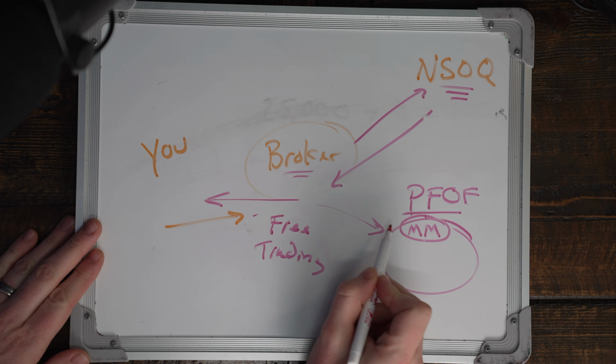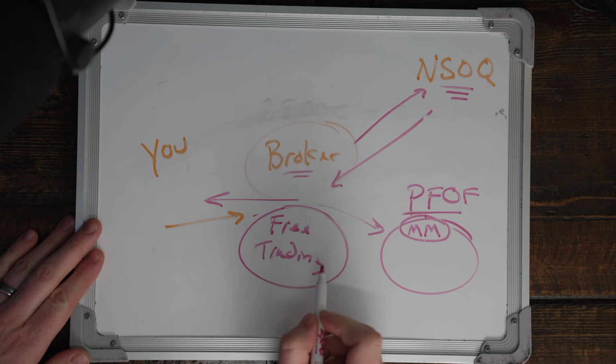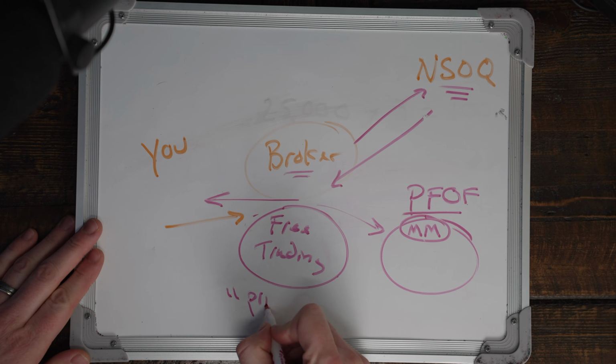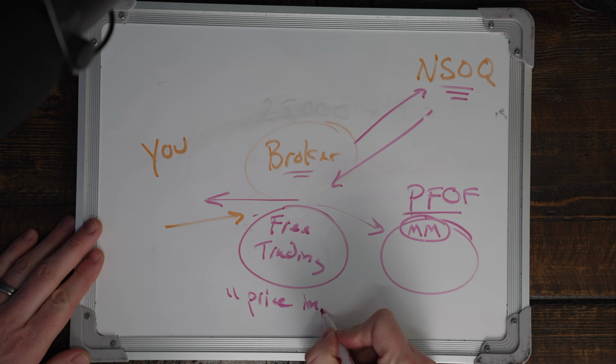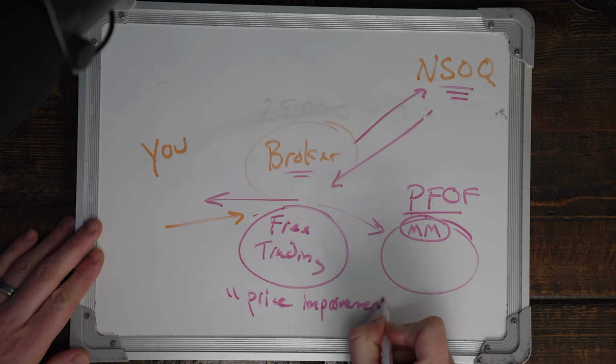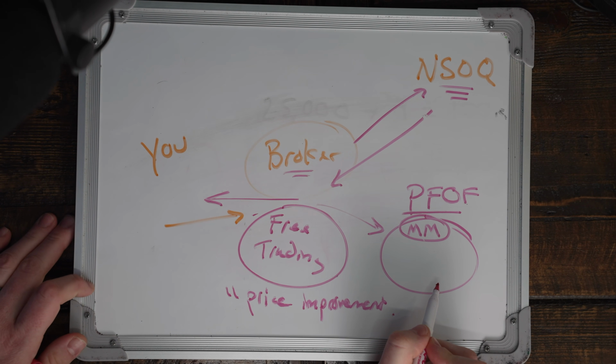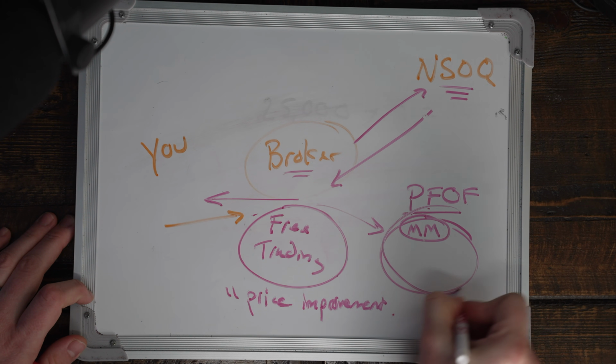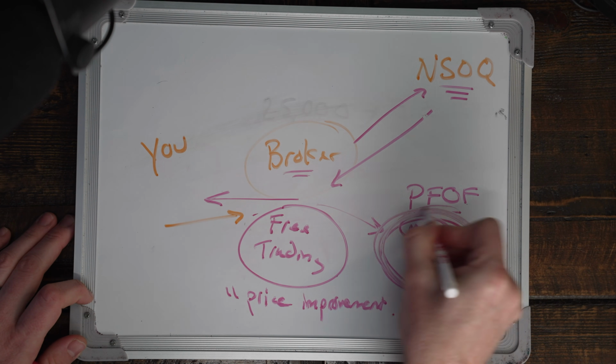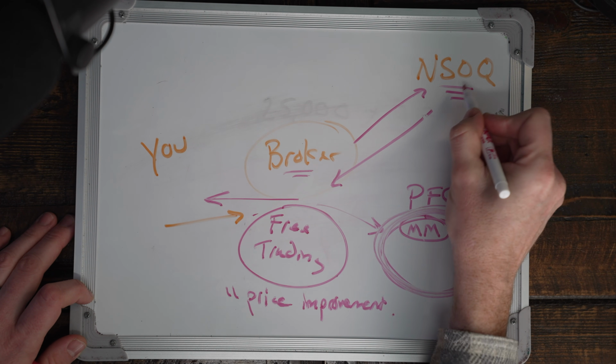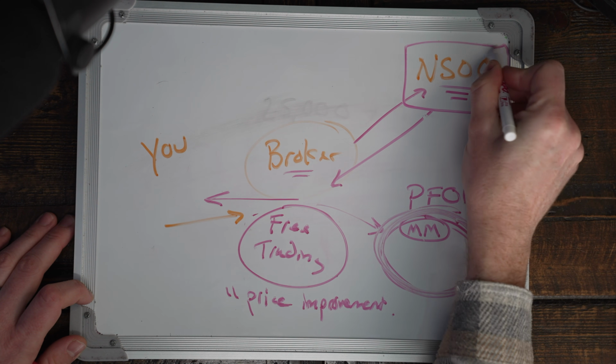So in this relationship, you have commission-free trading. And while they say you get price improvement, there's also a lot of flaws with the system. It's created a deeply segregated market where these brokers and all these market makers and all the orders are completely disconnected from the actual stock market exchange.